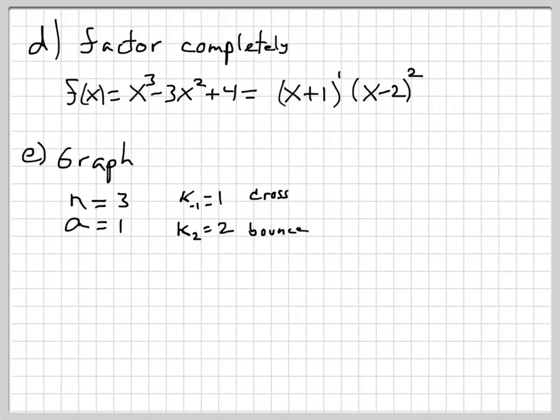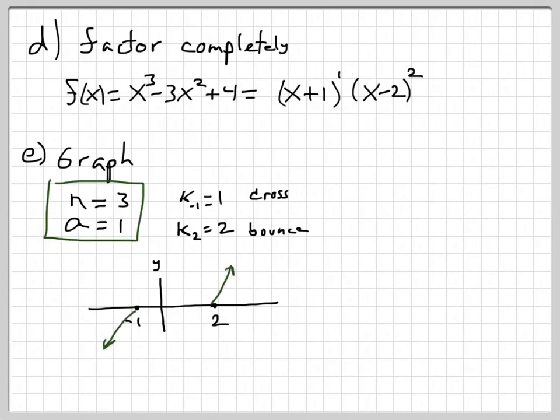Okay, so in class we also learned that when k is equal to an odd number, the curve will cross the x-axis, and when k is equal to an even number, it will bounce. So I'm going to use those facts as I graph this polynomial.